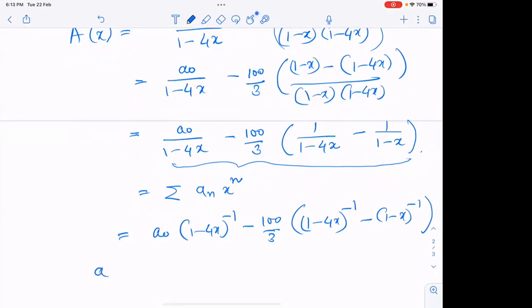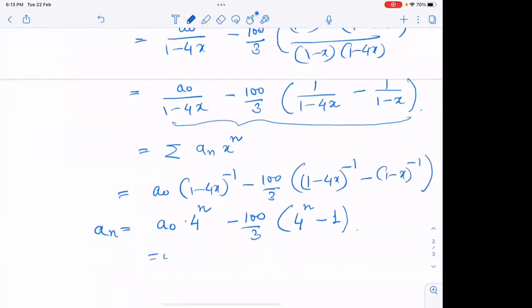So that means an is equal to a0 times 4 to the power n minus 100 by 3 times 4 to the power n minus 1. This I did correctly. This is 50.